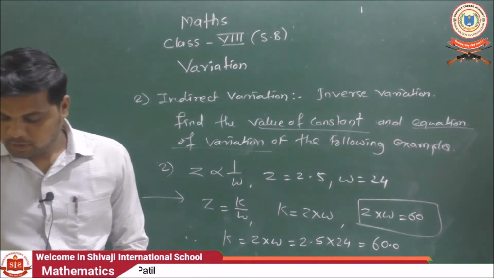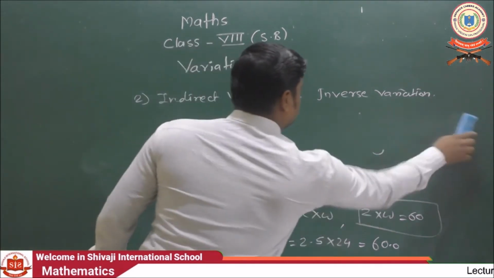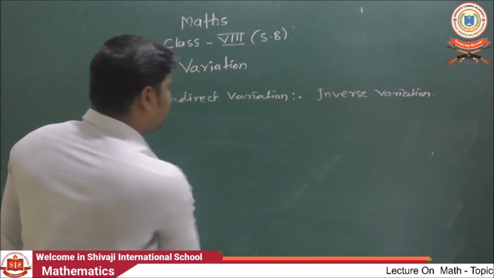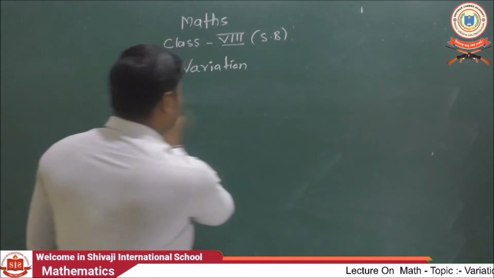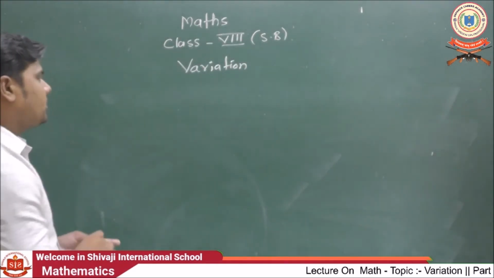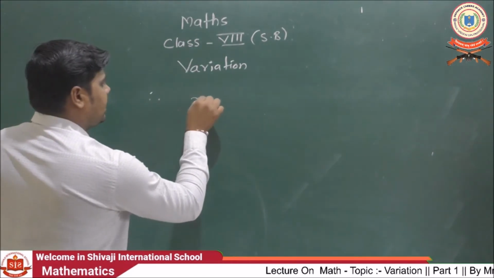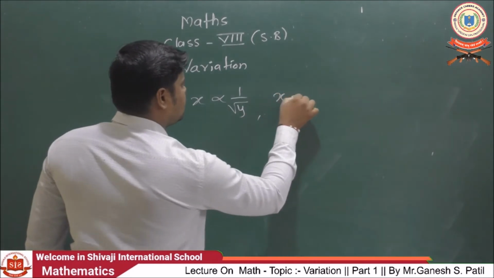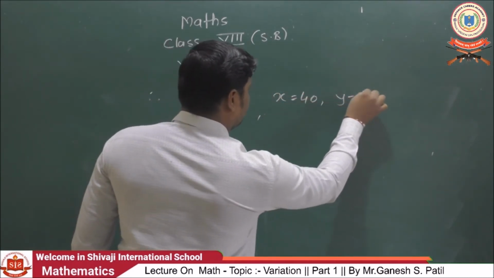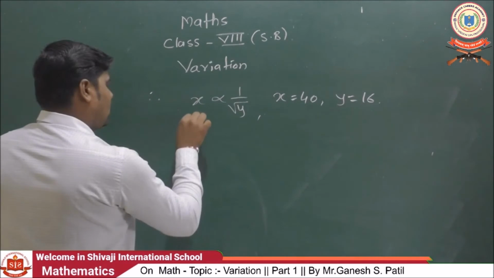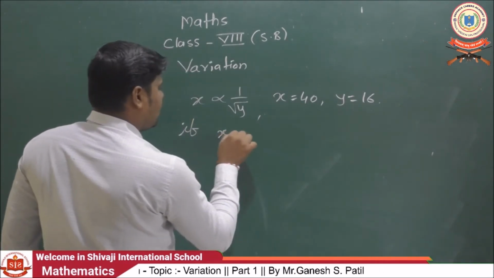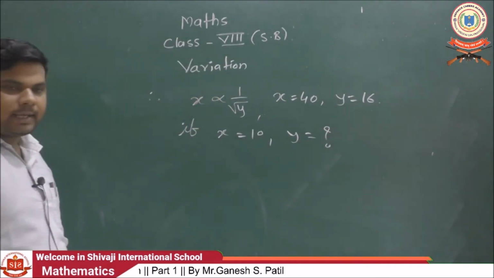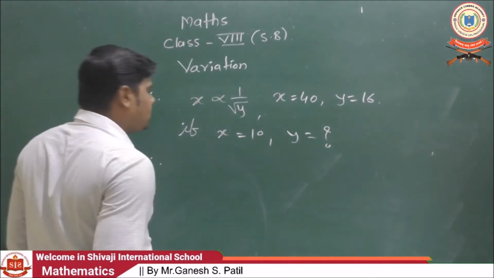Okay, now we have another example. You just see, this is the important example of inverse variation. Suppose x is inversely proportional to under root of y, then x is equal to 40 when y is equal to 16. If x is equal to 10, then what is the value of y? Similar method we can use here.